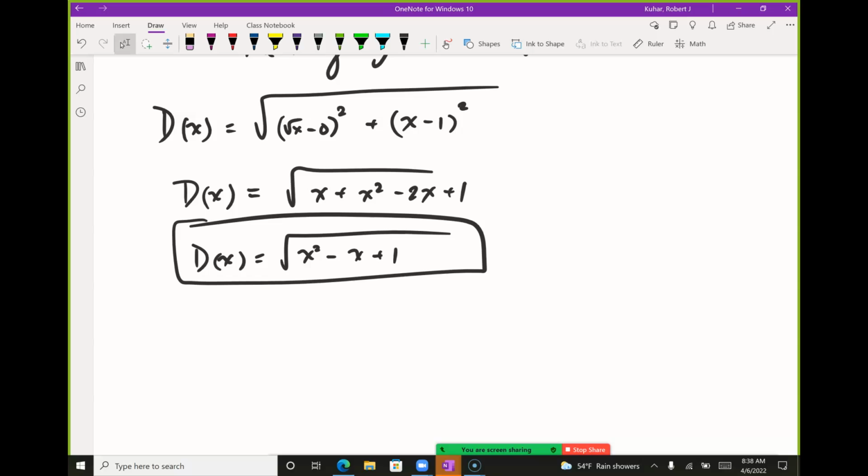All right, we've got our function. Now we want to find our critical value, right? So d prime of x is what? I'll give you a second.